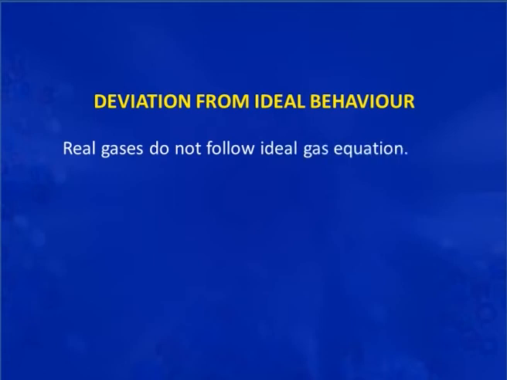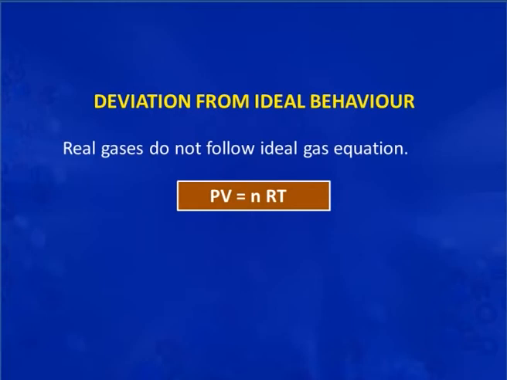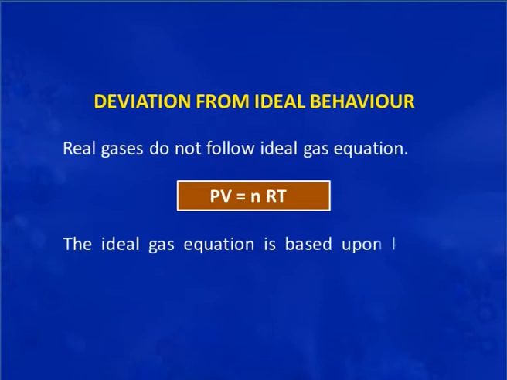The real gases deviate from ideal character. Real gases do not follow the ideal gas equation. The ideal gas equation is PV = nRT. The ideal gas equation is based upon a number of assumptions. It is based upon the kinetic theory of gases.